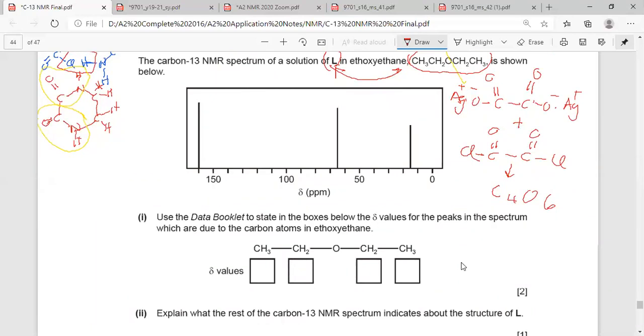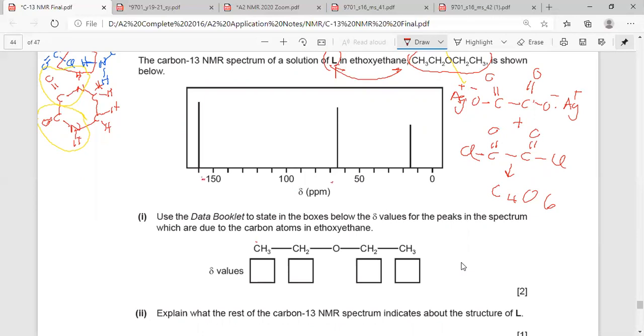Use the data booklet to state in the boxes below the chemical shift values for the peaks due to the carbon atoms in this one here. Remember, these are the things here. So oxygen to carbon. Which carbon is at higher delta, bigger delta positive? Of course, you can see this one here or this one, right?